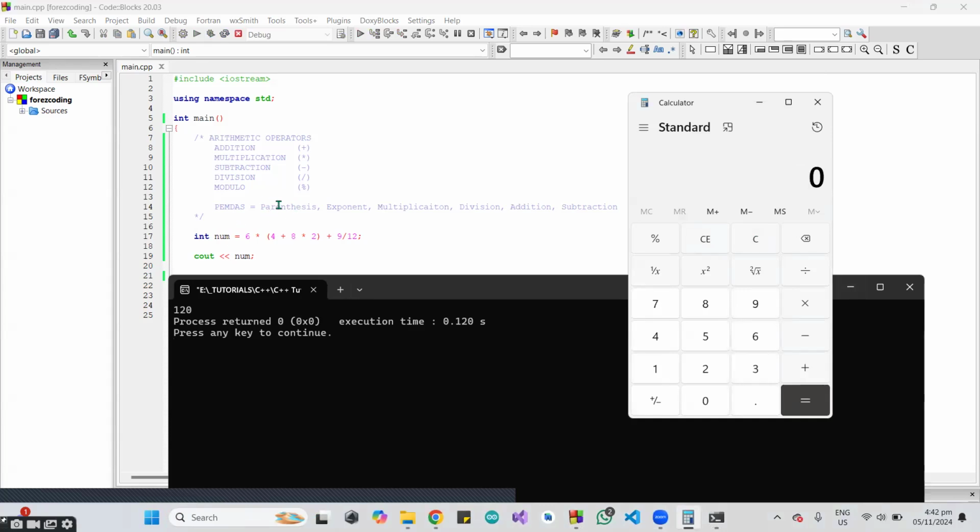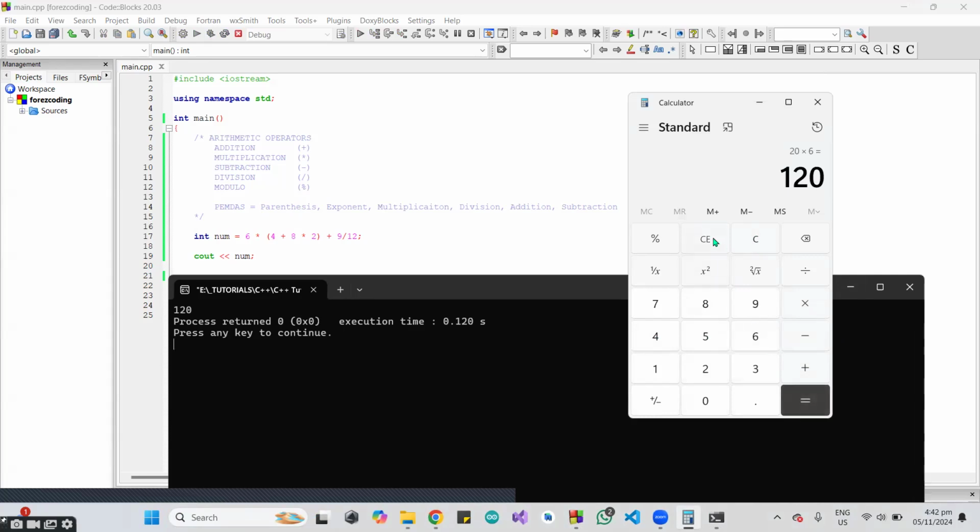Okay, so as you can see, we prioritize the numbers inside the parentheses first. So first is 8 times 2 equals 16, plus 4 equals 20. And then we multiply it by 6. So 20 times 6 equals 120.